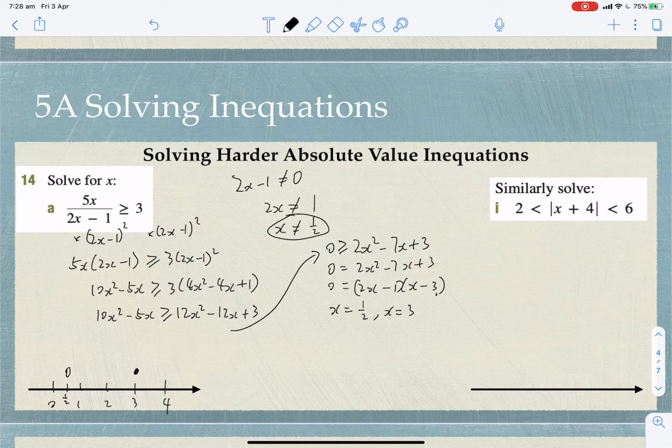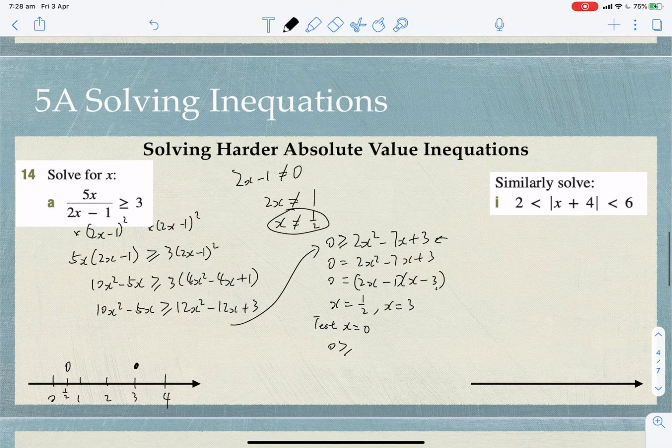Now what we need to know is either inside or outside, so you can test it. x equals 0. That means we use this term. Well, you can always use the one in the back, but if I've simplified this already, may as well use this.